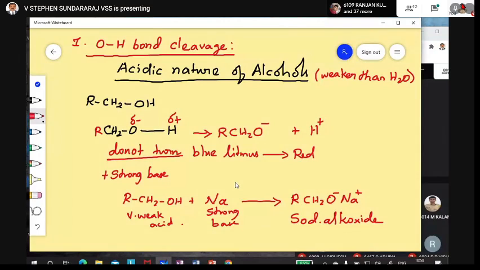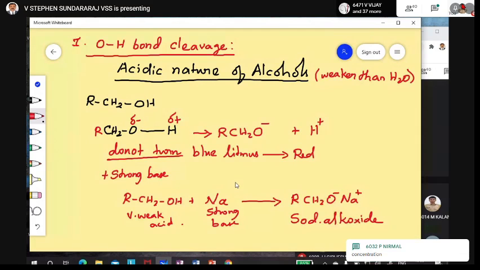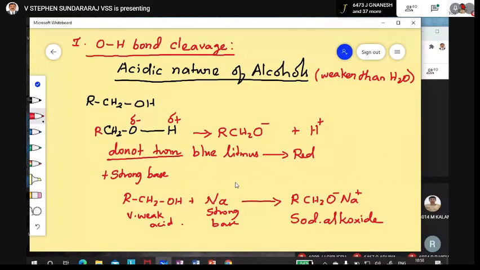From the stability. Remember that point also and note it down. If the stability of the conjugate base is more, the base will be weak.